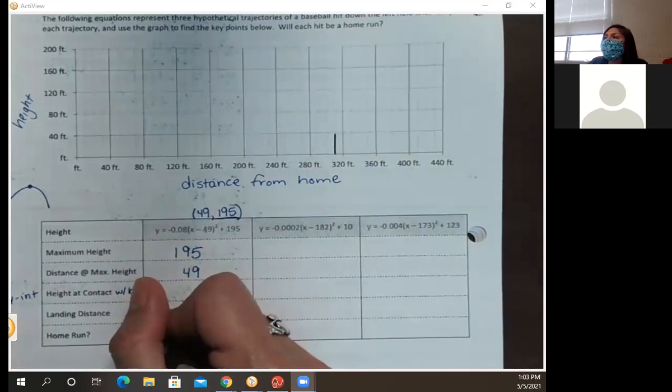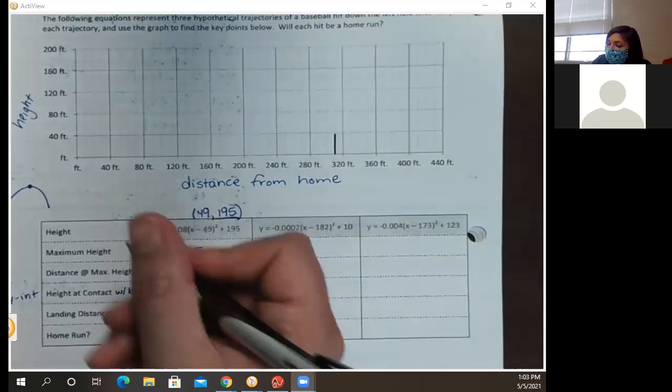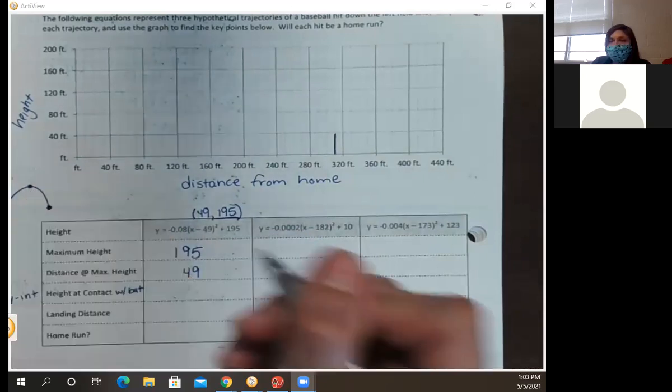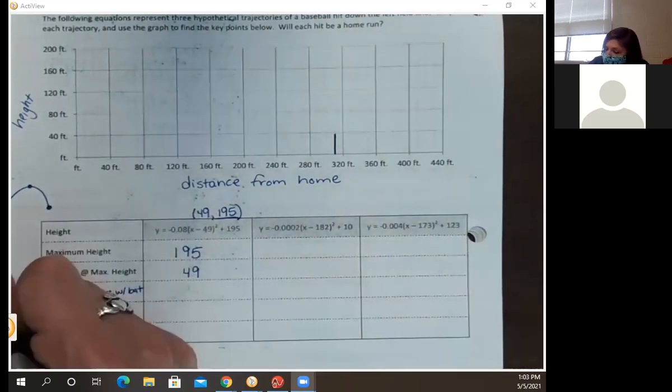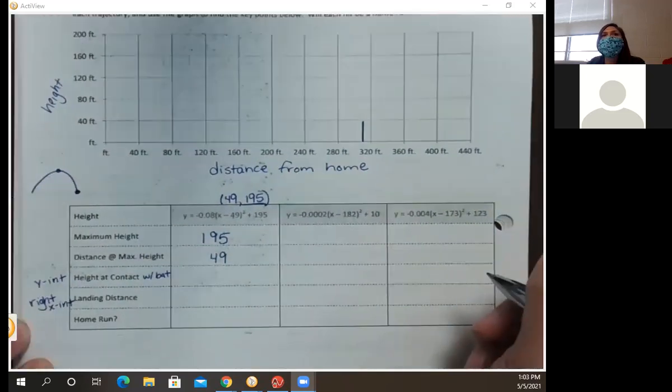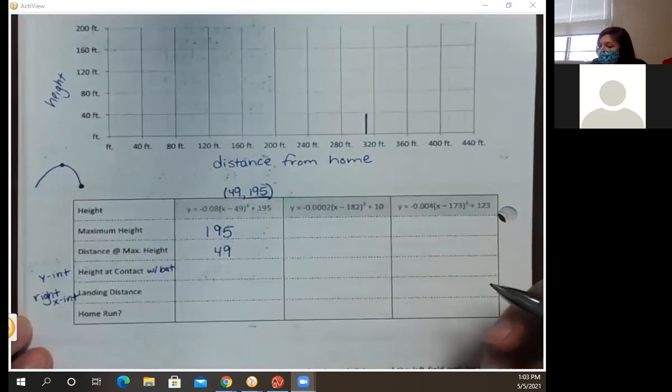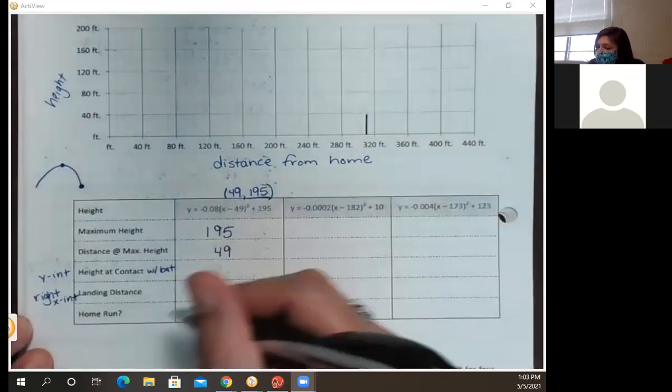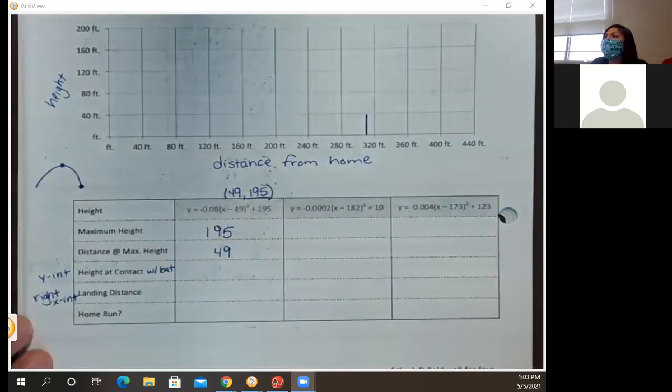How far away is the ball from home plate when it lands? Landing distance, okay? So that's going to be our right side x-intercept. And then we're going to use these pieces of information to decide if we've got a guaranteed home run or not.